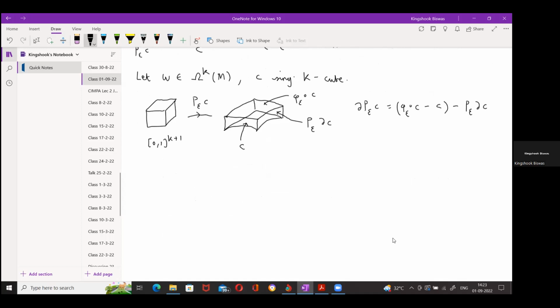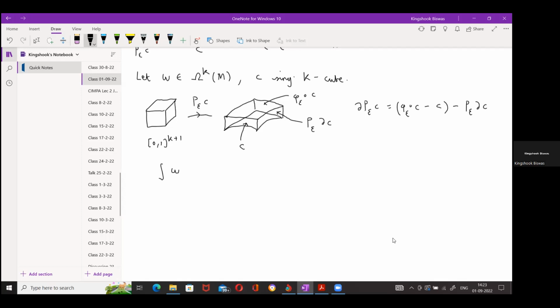Okay. Now we integrate omega over this. So note that C is a K cube. So P epsilon C is a K plus 1 cube. So its boundary is a K chain again, right? And similarly on the right hand side, phi epsilon composed with C is a K cube. C is a K cube. Boundary C is a K minus 1 chain. So P epsilon of boundary C is a K chain.